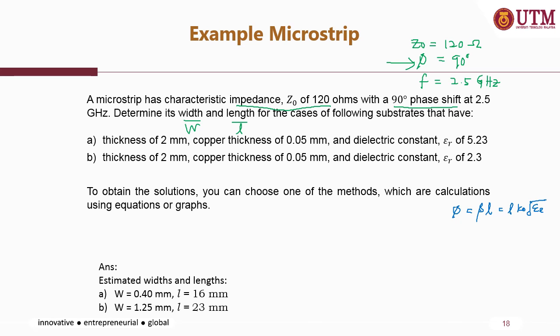Since it is microstrip, you can get epsilon E by using the equation, and K0 is the wave number equal to 2 pi F over C. Don't forget the phase will be in radian. From here you can get the length, and for the width, as usual, you get the ratio of W over H, then you can get W, the width of the structure.